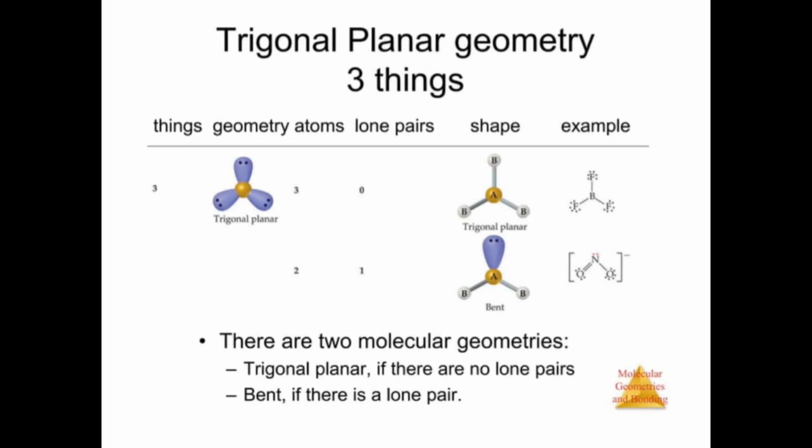Trigonal planar if there is no lone pair of electrons, bent if there is a lone pair. When it has three atoms, zero lone pair, the shape is trigonal planar. Two atoms, one lone pair, the shape is bent. The examples: for trigonal planar is BF3, for bent is NO2 minus.